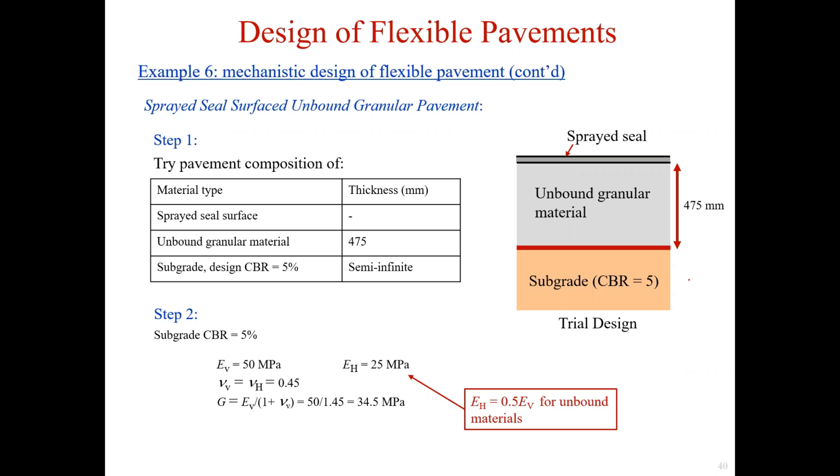As EH equals half EV for unbound materials, EH equals 25 megapascal, and mu V equals mu H equals 0.45. So shear modulus G could be calculated as EV divided by 2 times (1 plus mu V), and we get a value of 34.5 megapascal.